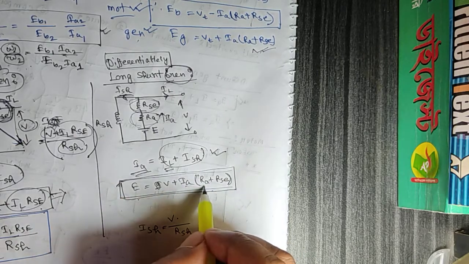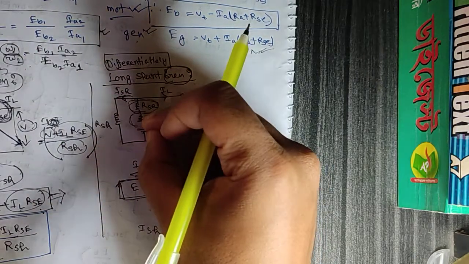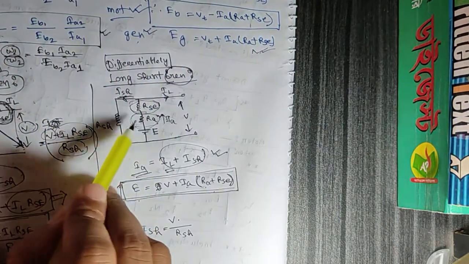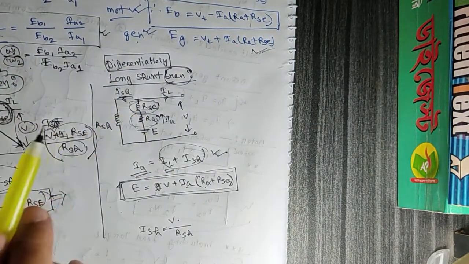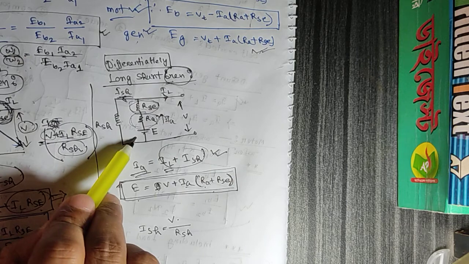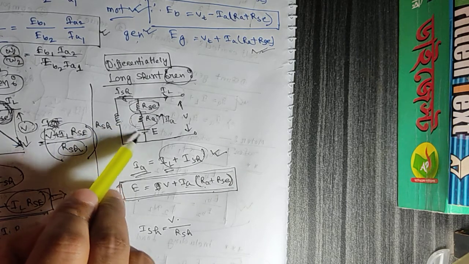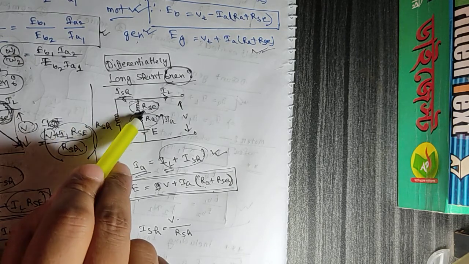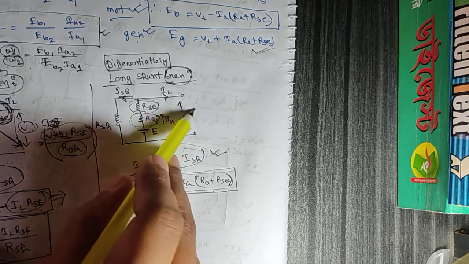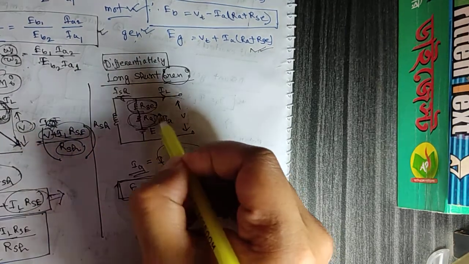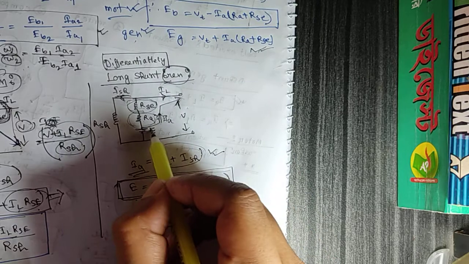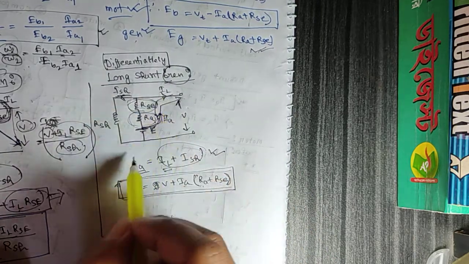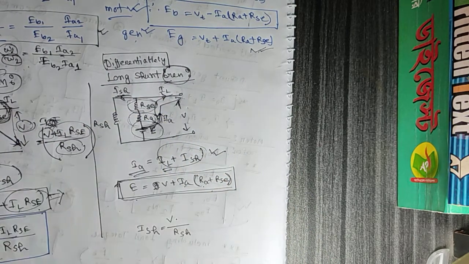You can understand: IaRa plus this drop plus this drop. Okay, this is the main thing: E, the induced EMF, equals IaRa plus IaRac plus terminal voltage. This total drop is equal to induced EMF.